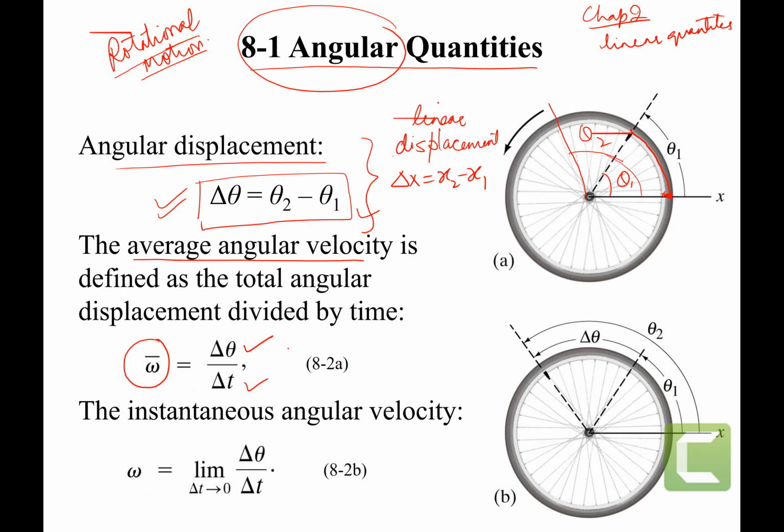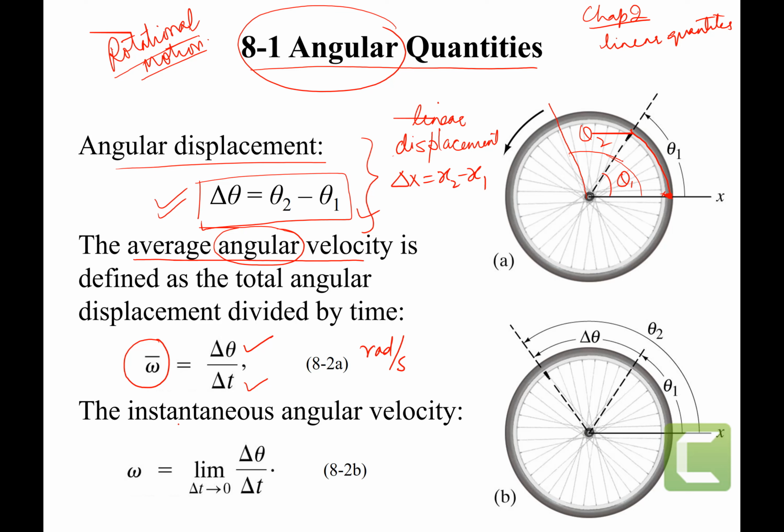See, here also we are defining velocity as displacement by time, but the only switch is we are using angular, because we are measuring change in angle. So the unit for this is radians per second. And we can rewrite this later. I'll show you later what else we can do with this omega.